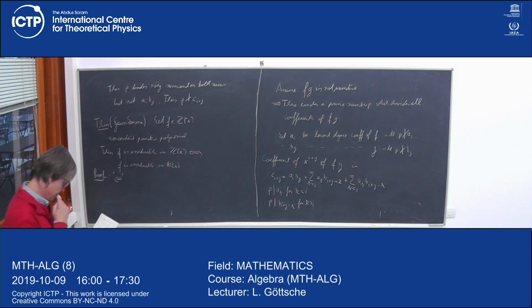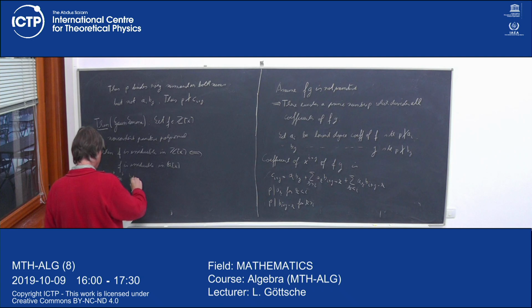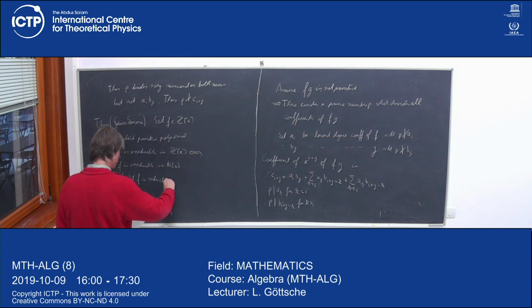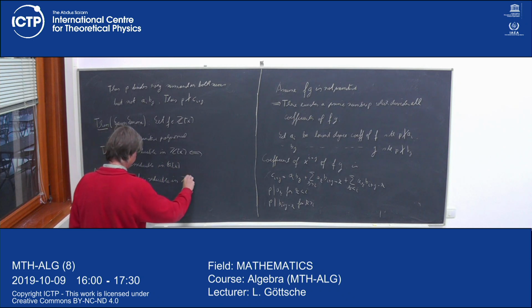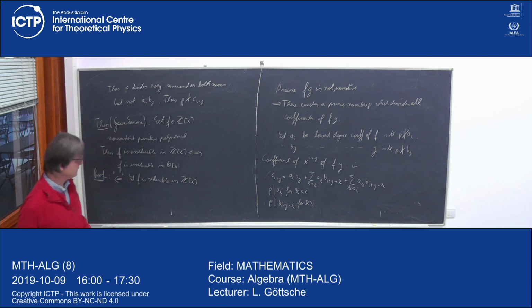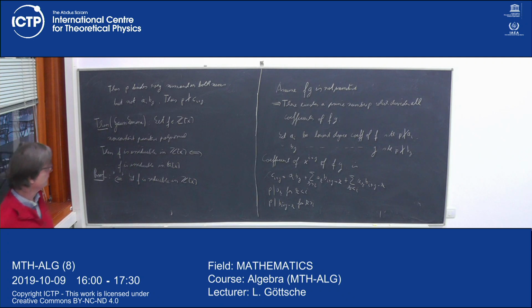So basically, let's assume that f is reducible in Z[x]. Then it's almost immediate from the definitions, as we know that it's primitive, that it will also be reducible in Q[x].